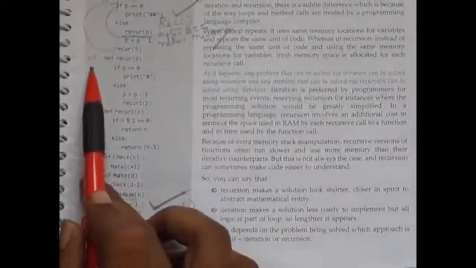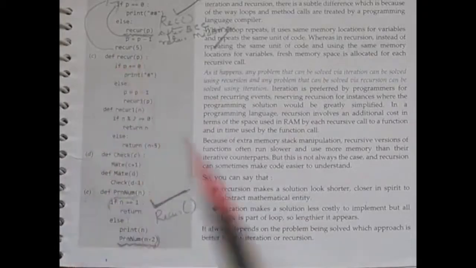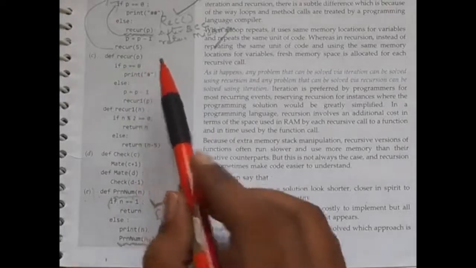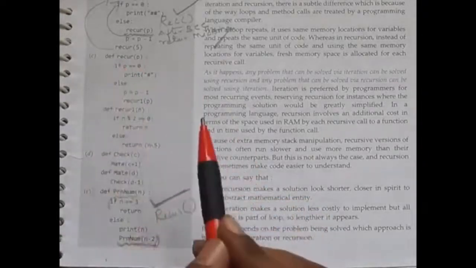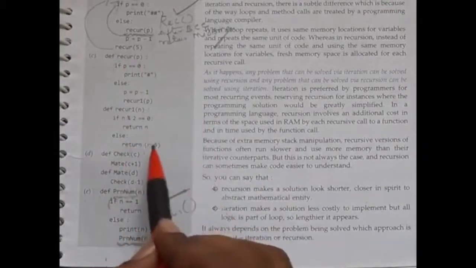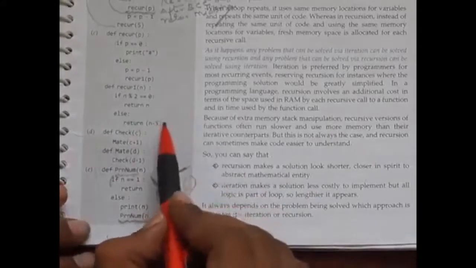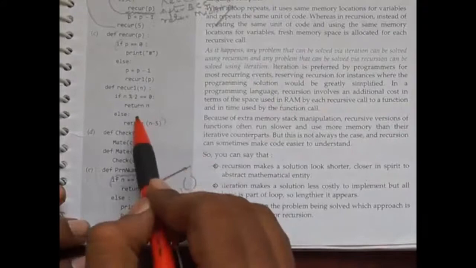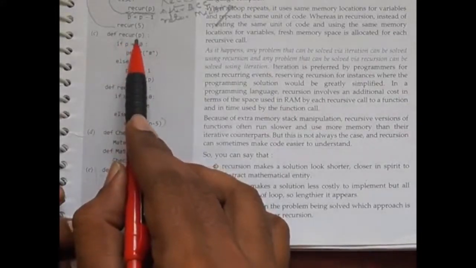What is the next one? C. What is the function name? Recur function name. Okay. Then where does the function body start and where does it end? Yes, function body starts here and ends here. Inside the function body with the same name recur, there should be a calling statement.